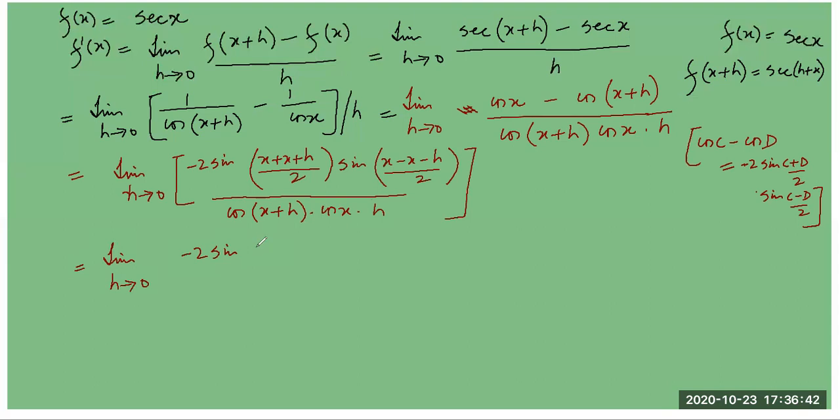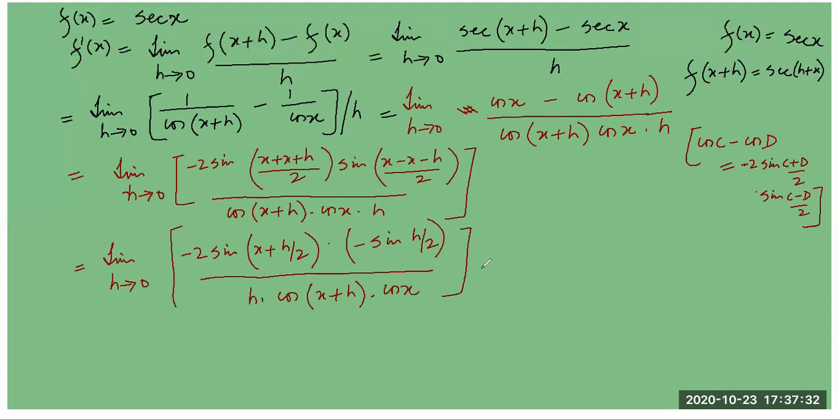When I divide by 2, it becomes x plus h by 2, just like we have done last time, into sine of minus h by 2, because this is actually sine of minus h by 2, that is equal to minus sine h by 2, whole divided by h into cos of x plus h into cos x. Very good.